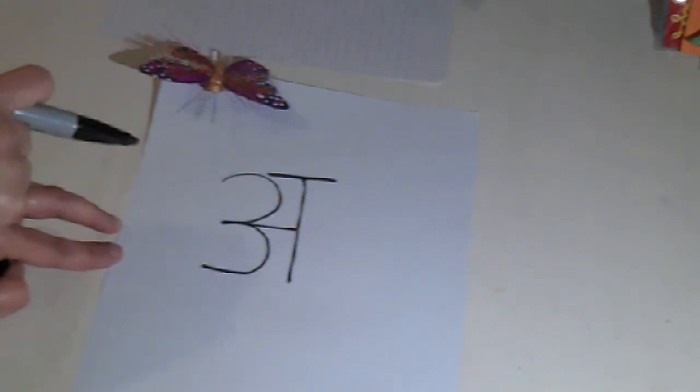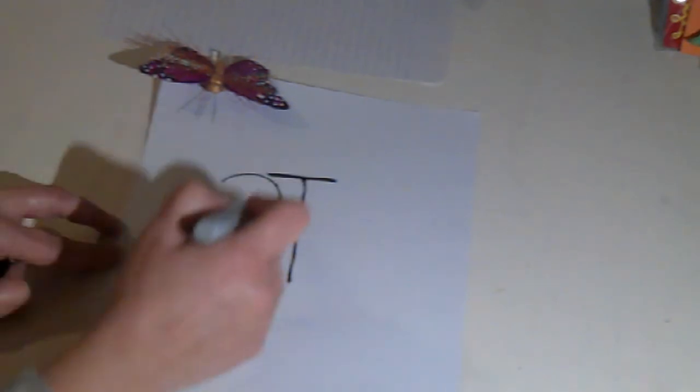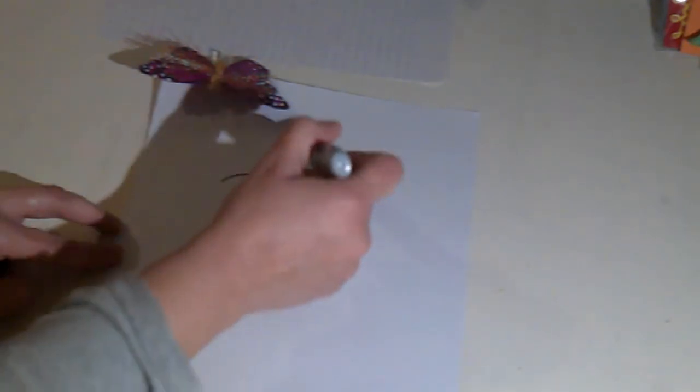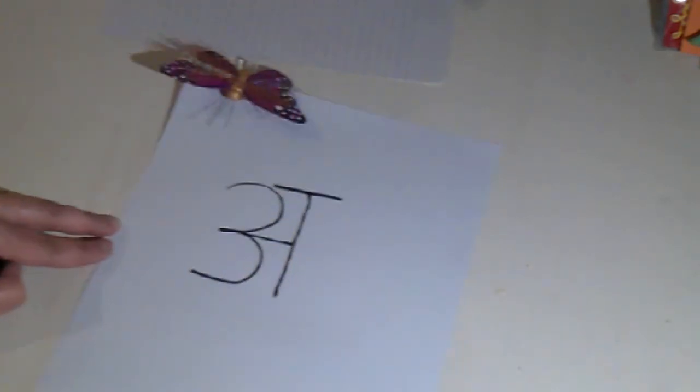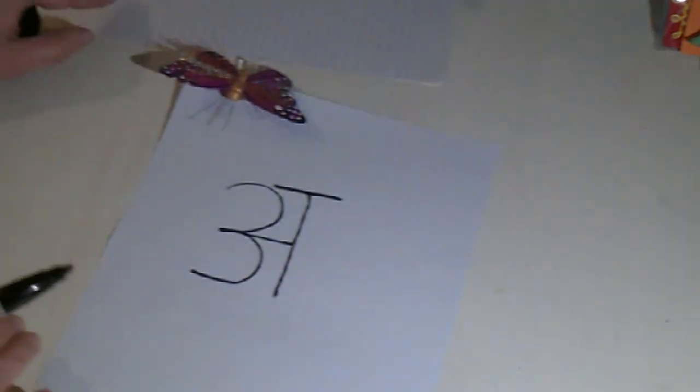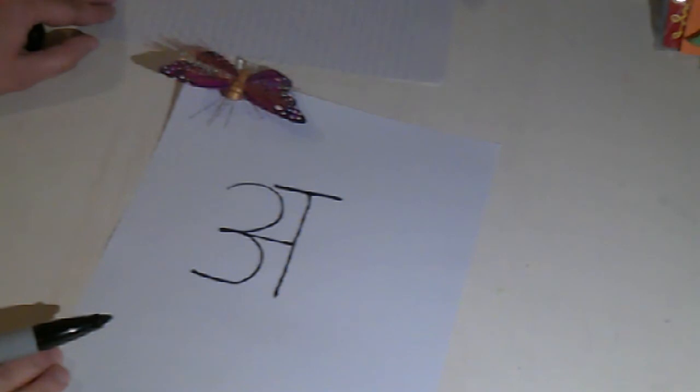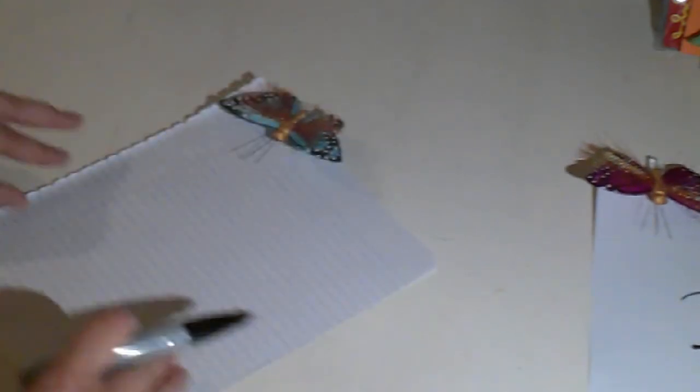Make sure you draw 3, dash, number 1, and don't forget the line on the top. So this is letter A, and when you write it on a lined sheet of paper, the letter is written below the line.